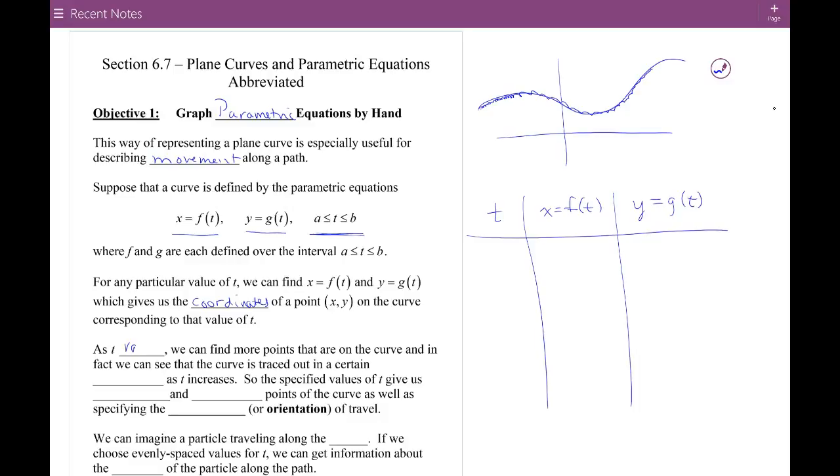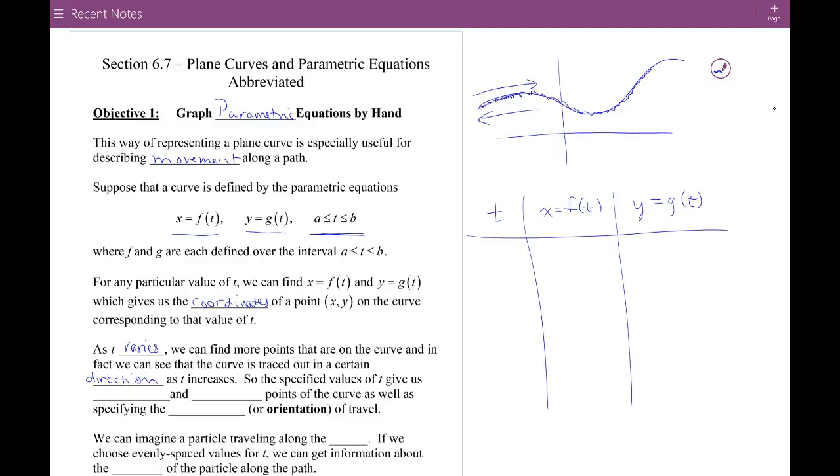So as t varies or changes, marches along, we can find more points that are on the curve. And in fact, we can see that the curve is traced out in a certain direction as t increases. So the other thing you can tell is whether the particle is traveling this way or this way by how the curve is parameterized.